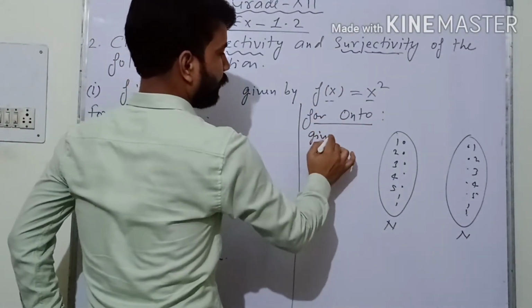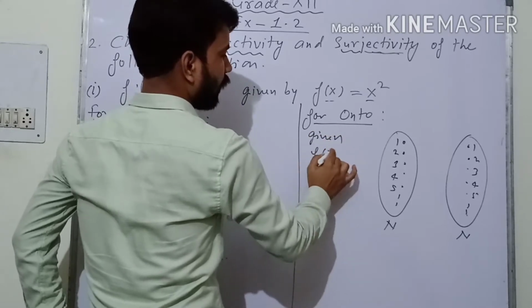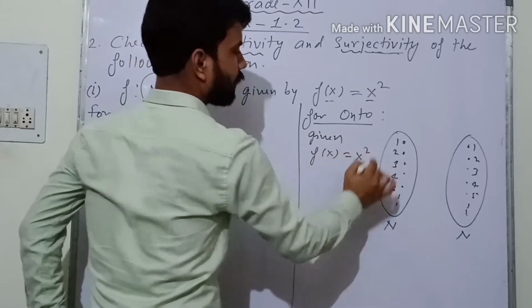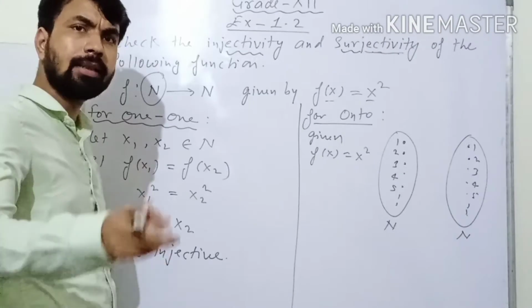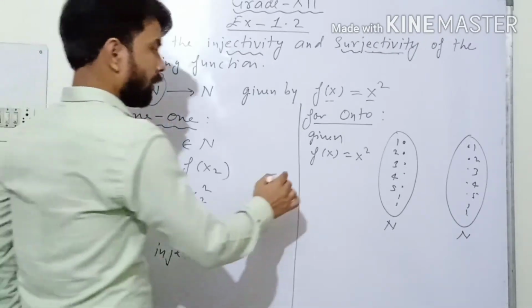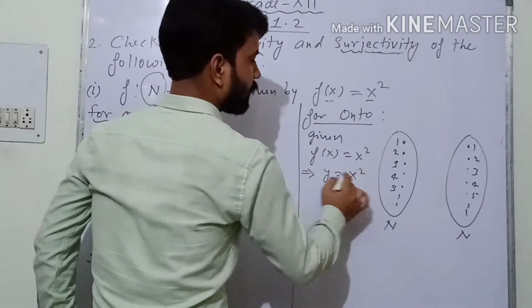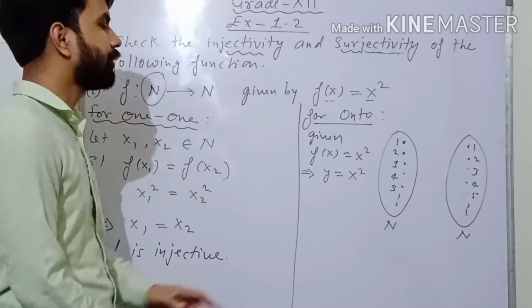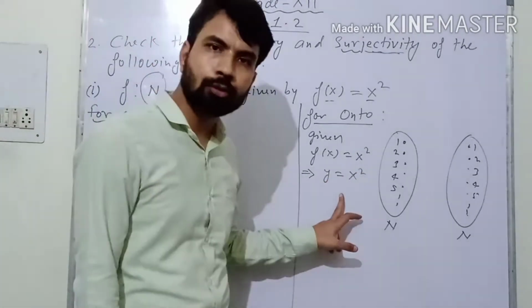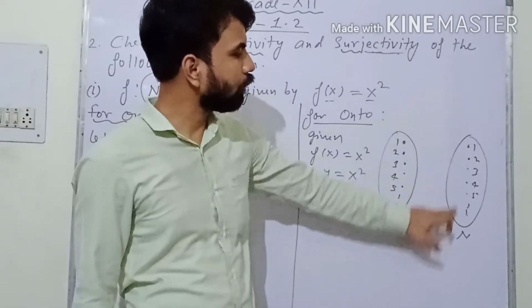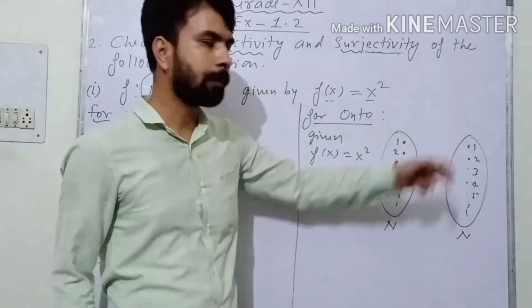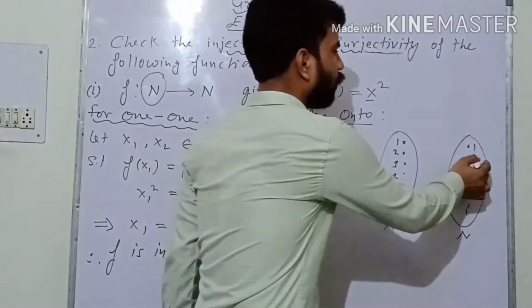The function is defined as f(x) equal to x square. I told you f(x) is considered as y. So y equals x square. Now I am checking whether this relation is true for any element of the codomain. I am taking 2 only.